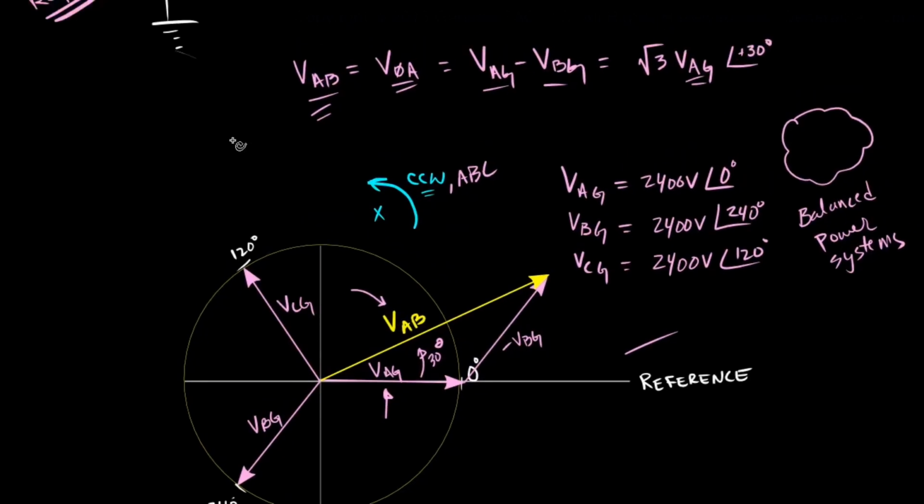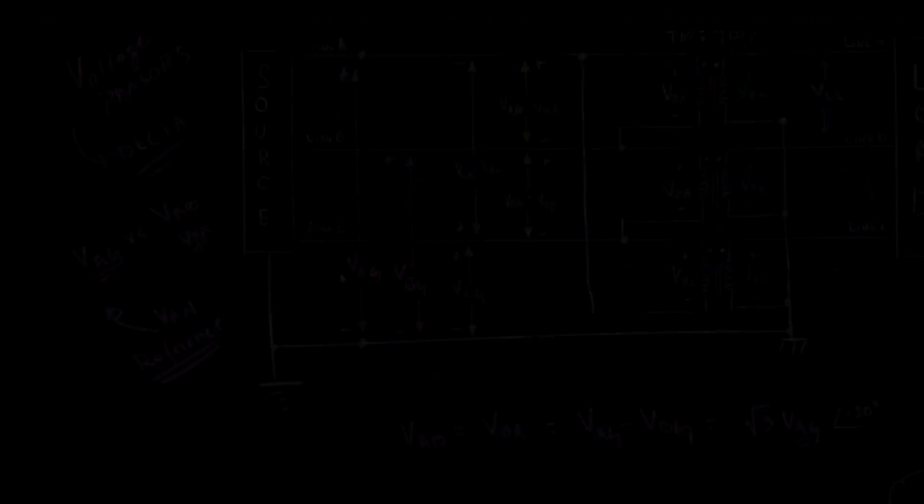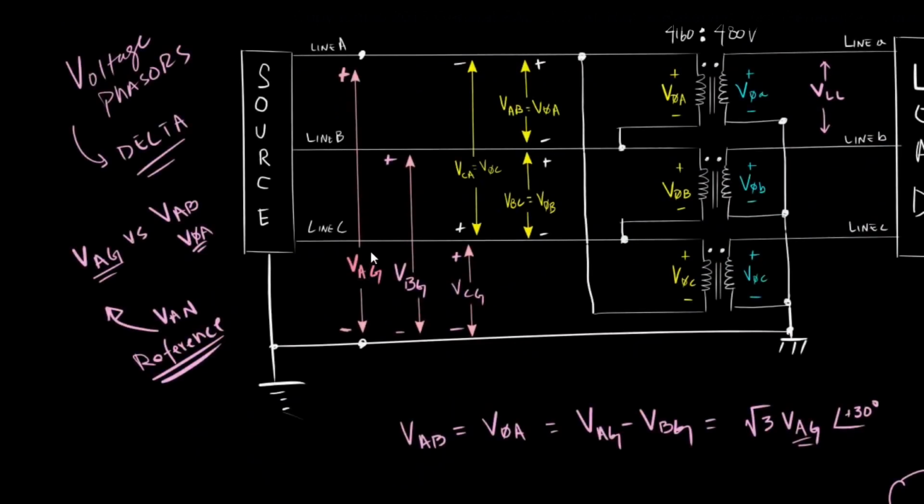So you see this equation here? Why are we doing this? Let's step back and understand exactly what's going on and why. We want to understand the relationship between VAG and VAB, because that's what's going to help us understand the voltage phasor diagrams for the delta connection.